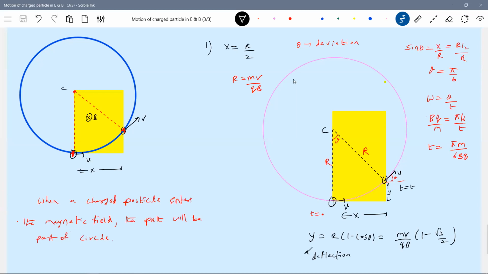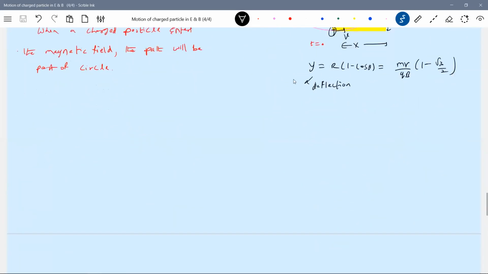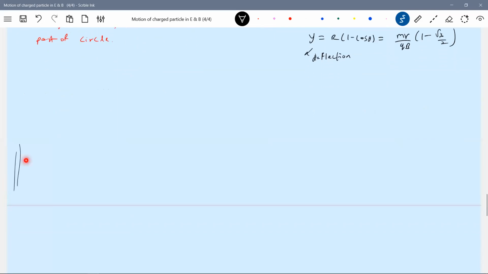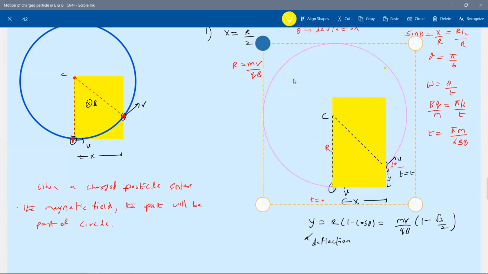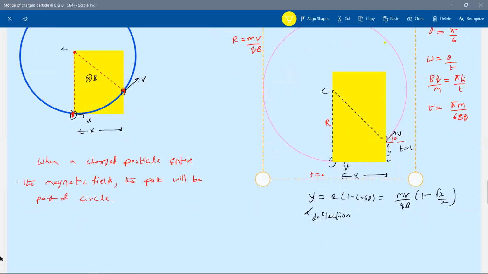Now we'll go for x equal to r/√2. Next condition, let me make x equal to r/√2. I think the diagram will remain almost the same. We'll copy this. Cannot fit here.